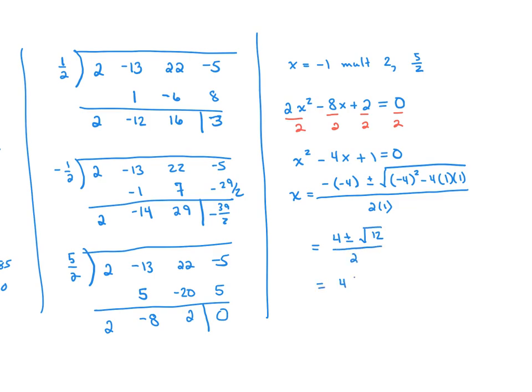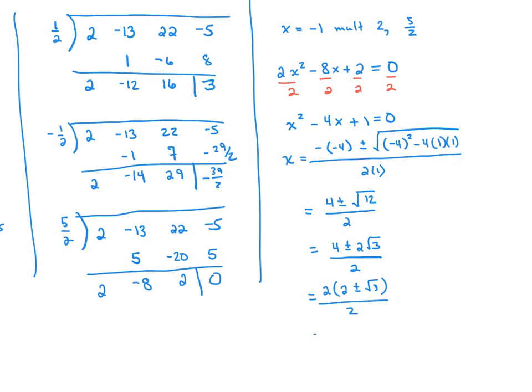That's 4 plus or minus 2 square roots of 3 over 2. Out of the numerator, we can factor out a 2, and cancel. And so we have 2 plus or minus the square root of 3.